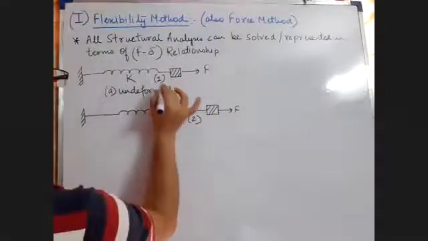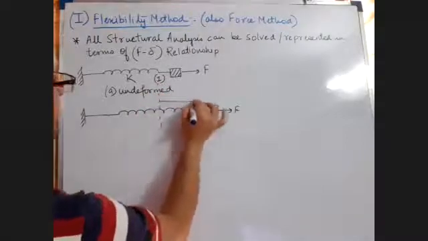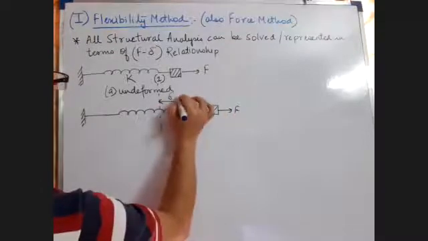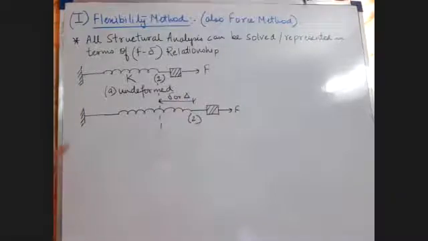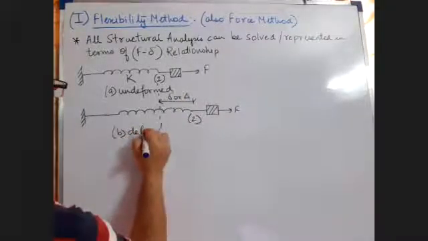Now this part which has been elongated is the deflection delta. This is the deformed or elongated stage.